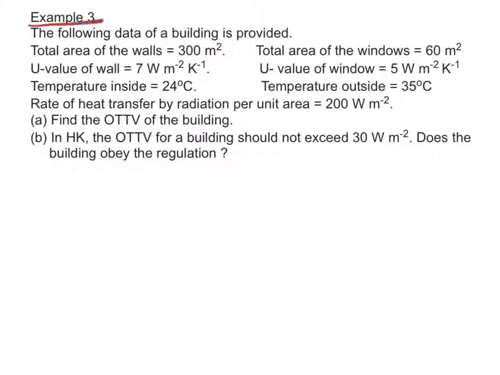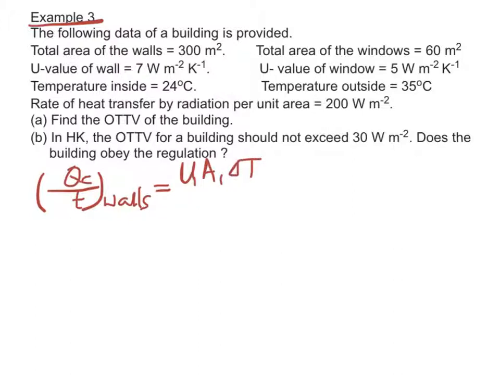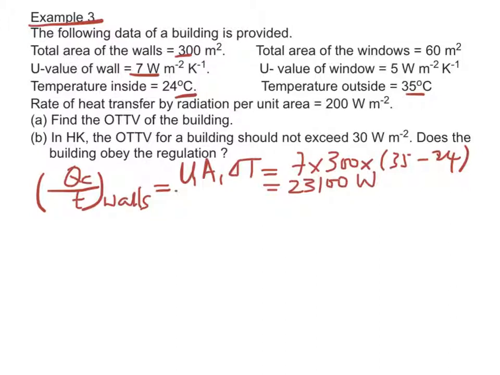Example 3. First, the rate of heat transfer by conduction by the walls is equal to U1 A1 delta T, which is equal to 7 times 300 times (35 minus 24), which is equal to 23,100 watts.